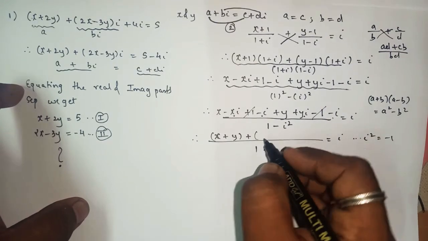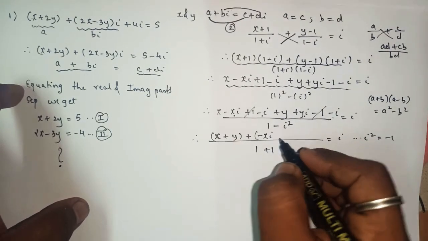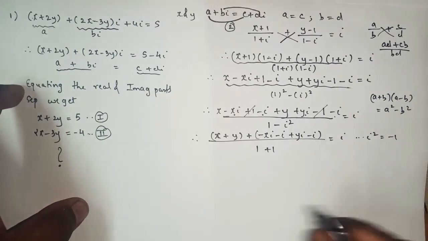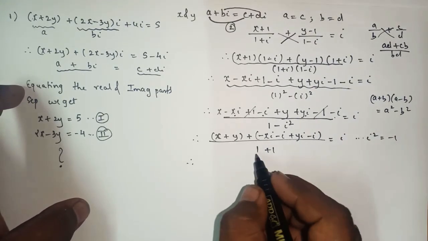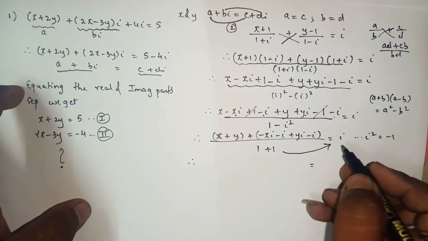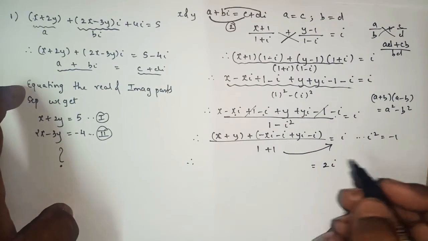So here we'll write minus xi minus i plus yi minus i, yes or no. So therefore in the next step, this 1 plus 1 will be 2. So we'll shift this 2 to the right hand side, so this part will be 2i.